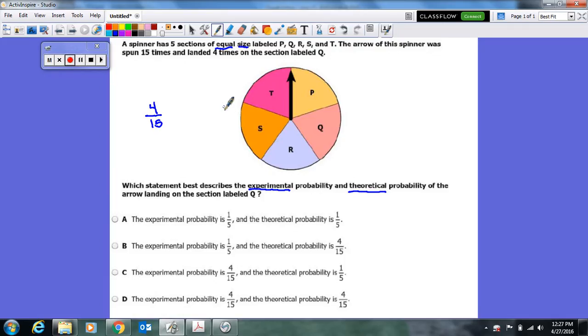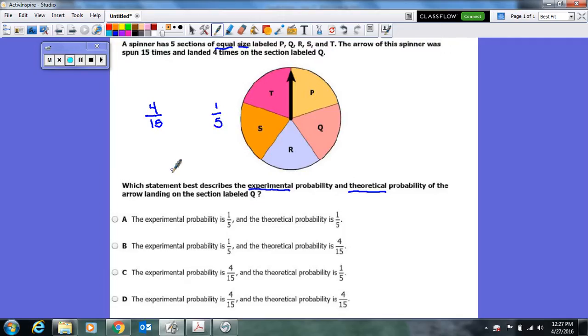And here's how we determine that. Section Q's size is the same as every other piece's size. So since that's the case, the chance of landing on section Q would be 1 out of every 5 times. So our theoretical probability would be 1 in 5.